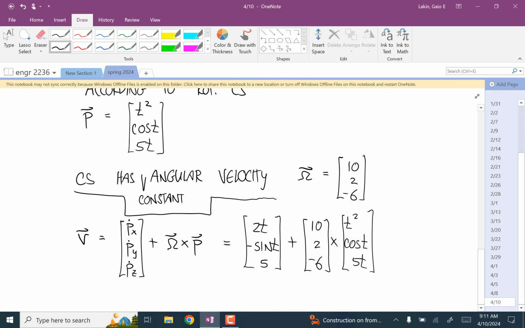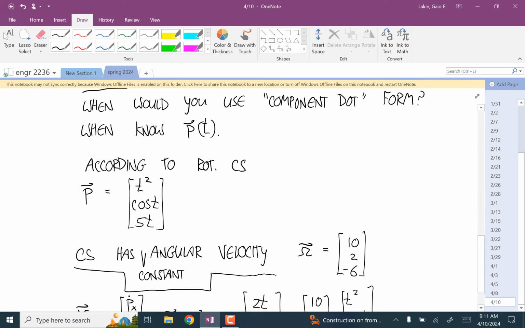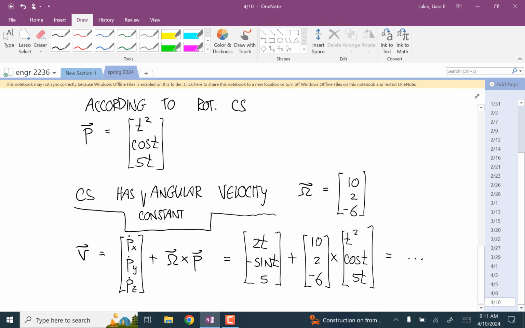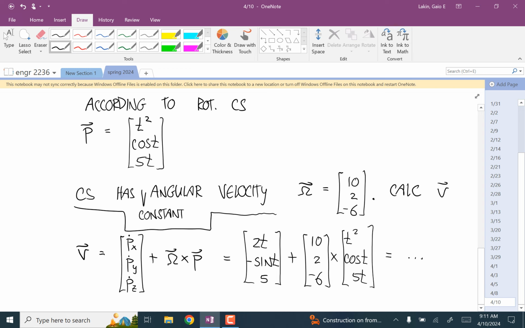Okay. So, you can multiply that out. So let's say we just wanted to calculate the velocity. This is how you would do it. Same with the acceleration. You just take the second time derivatives and stuff.